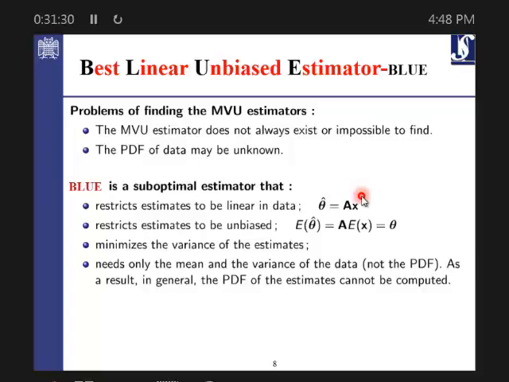So you restrict everything from G as a general function, which might be nonlinear, to just the linear case, which is AX, a linear equation. Again, you need an unbiased estimator, for the reason that we explained in the previous slides.